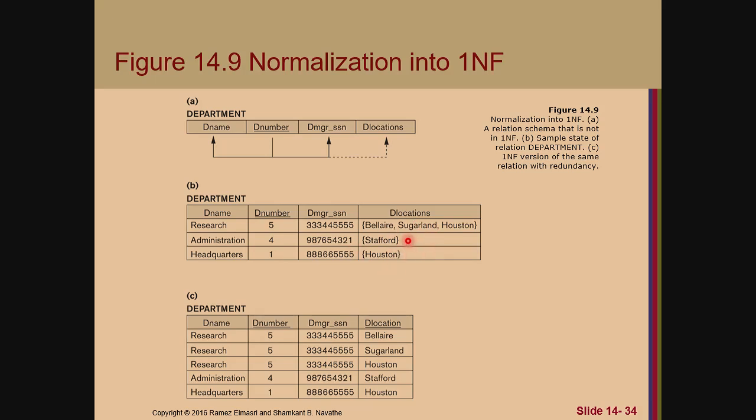That is more important. If you find this kind of multi-value in the table, it is not in first normal form, so you have to change it, like this one, by separating into several lines.